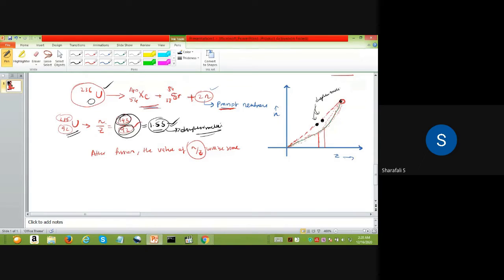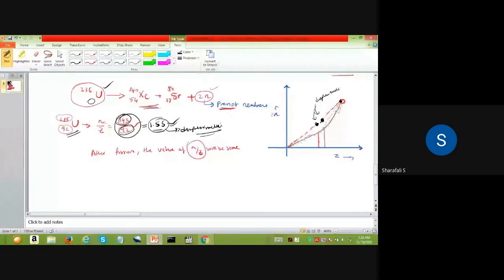So this nucleus will be coming on the same straight line, so that the slope of that n by z value will be the same. N by z is the slope here, because we have neutron on the y-axis and z on the x-axis. So n by z is nothing but the slope of any line forming in this particular graph.